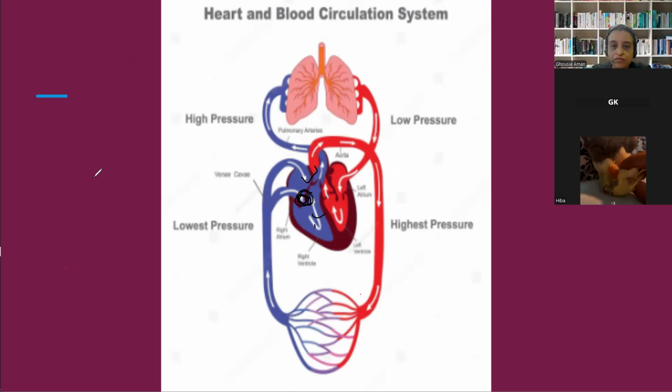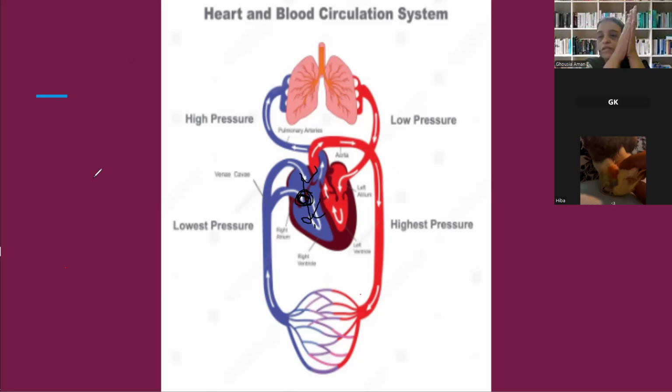So when the blood is pumped down from right atrium to right ventricle, these three flaps will open one by one. So one flap will open, then the second will open, then the third will open. So by that time, the pressure of the blood falls.